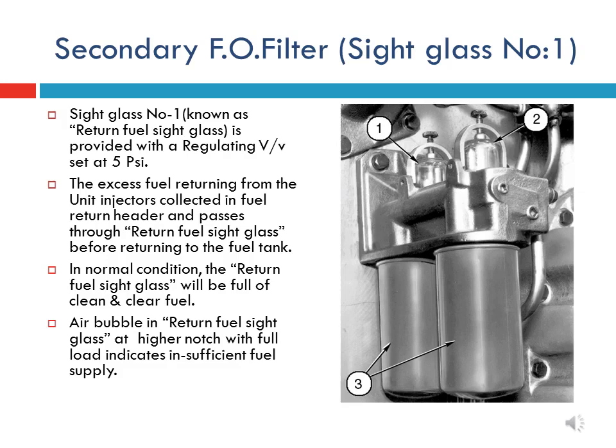In normal running condition of the engine, sight glass number 1 or return fuel sight glass will be full of clean and clear fuel oil without bubbles. If air bubbles in return fuel sight glass are seen at higher notch and full load, it indicates that insufficient fuel is supplied to unit injector.